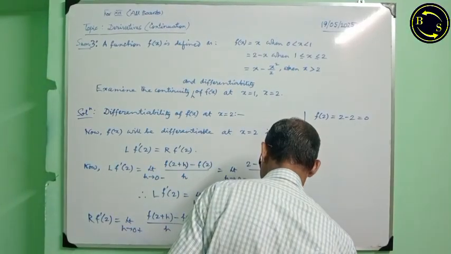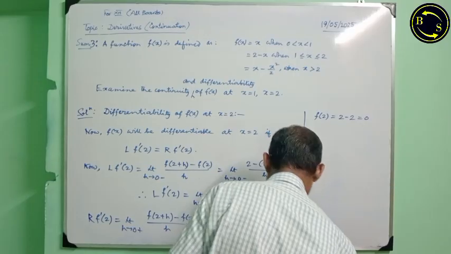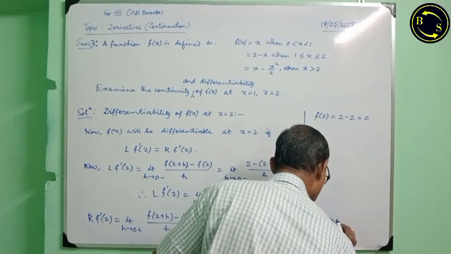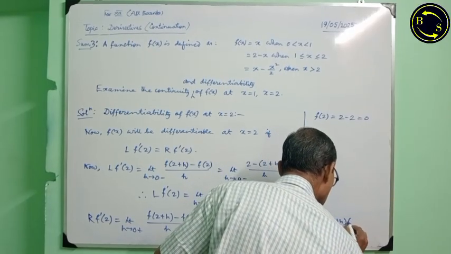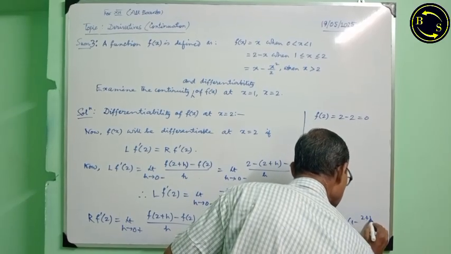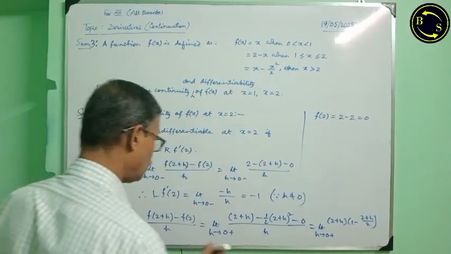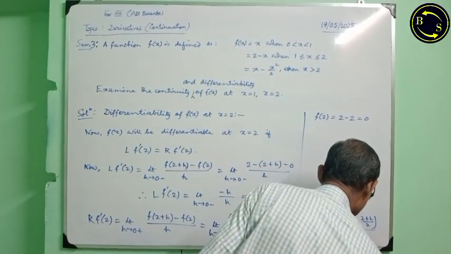Now we calculate limit h tends to 0 plus, 2 plus h is common factor, (1 minus (2 plus h) by 2) whole divided by h.